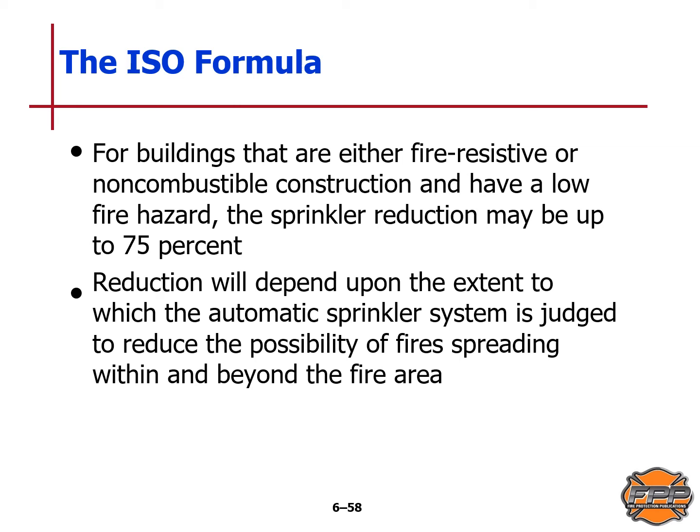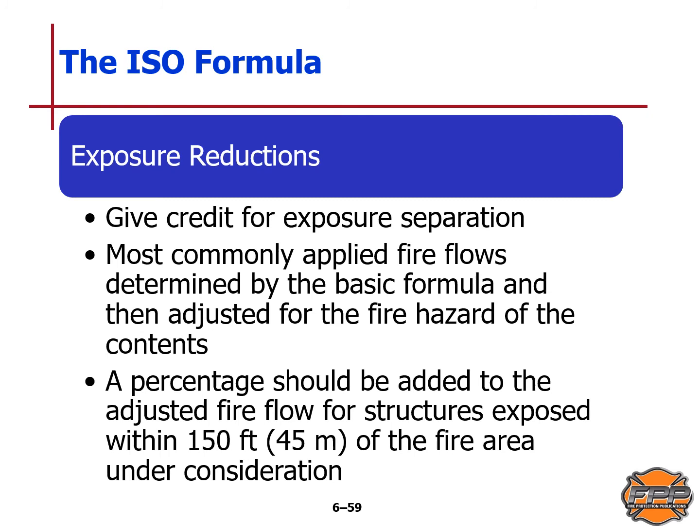That reduction will depend on the extent to which the sprinkler system is judged to reduce the possibility of fires spreading within and beyond the immediate fire area that they cover and need to cover. Just because you can take a reduction for sprinkler protection inside the building, you can also take a reduction for exposure separation.